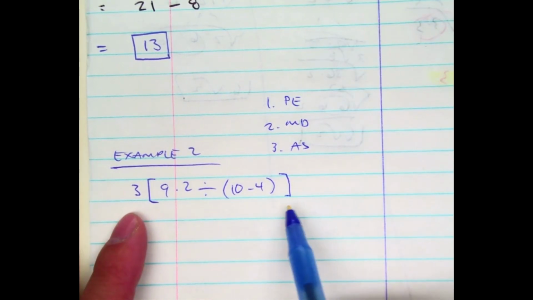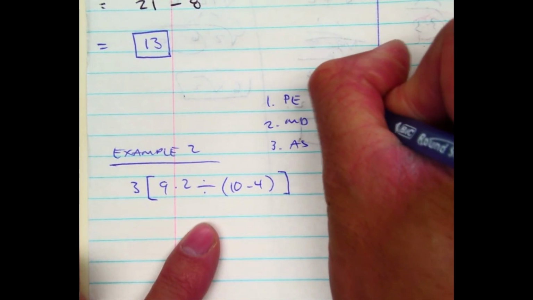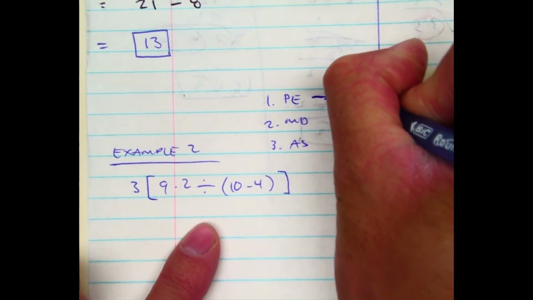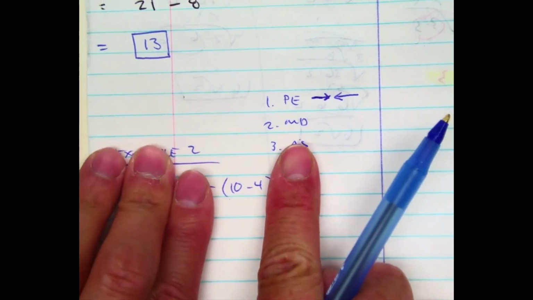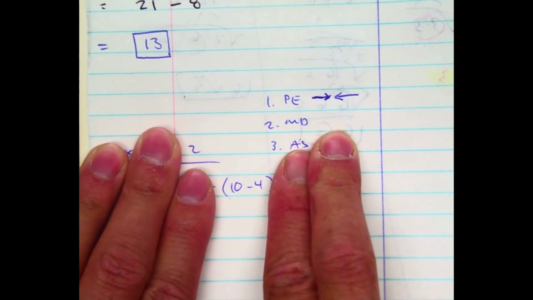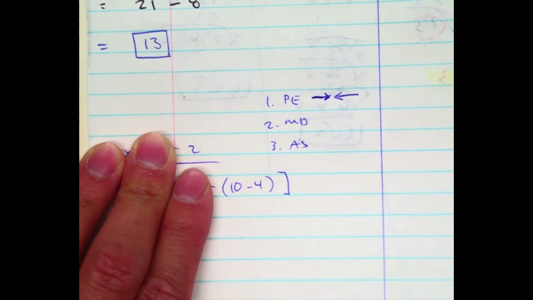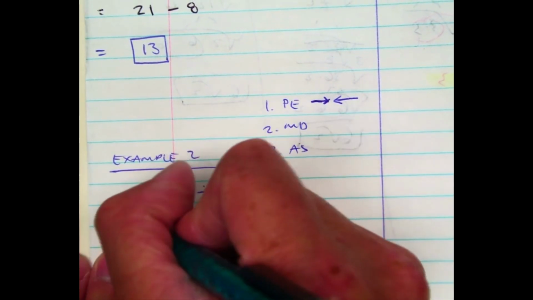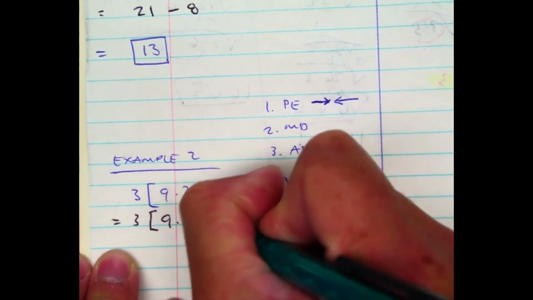So I'm going to do first the innermost. So if you want to draw little arrows to help you, we're going to start very in the middle there. Okay. Here, now you can use your fingers, great strategy of covering up parts we don't need. 10 minus 4 is 6. So I'm going to repeat every single thing from the top there.